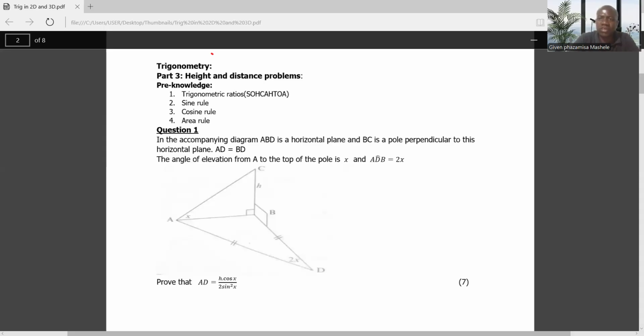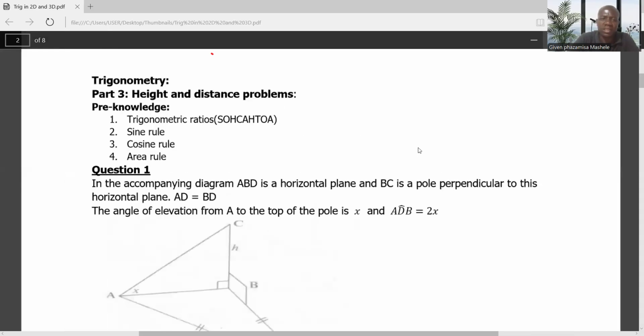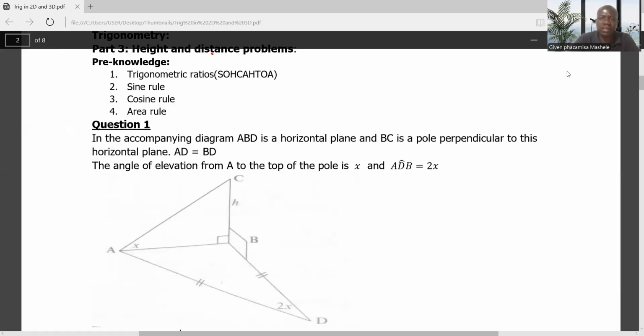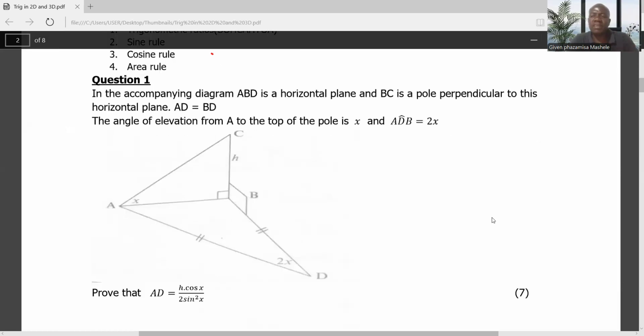Let me try to zoom so that you can see the questions nicely. The first one says, in the accompanying diagram ABD. Okay, we're given a diagram ABD. Let me try to draw it. This is A, B, and D. ABD is a horizontal plane.